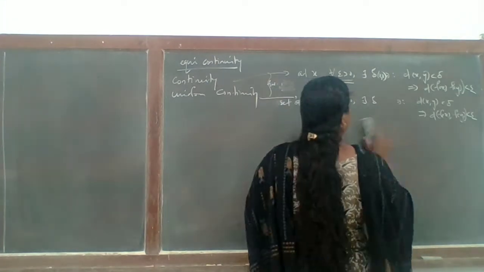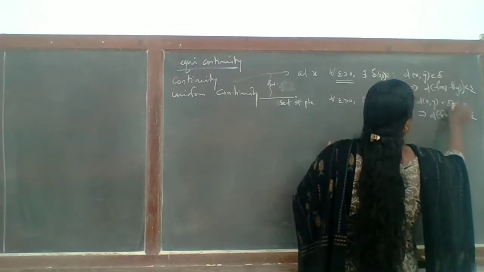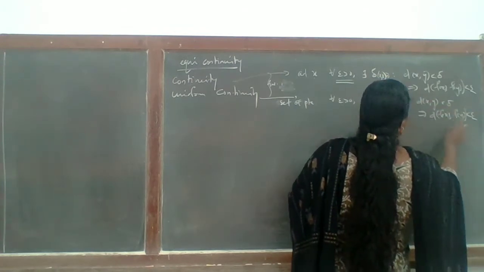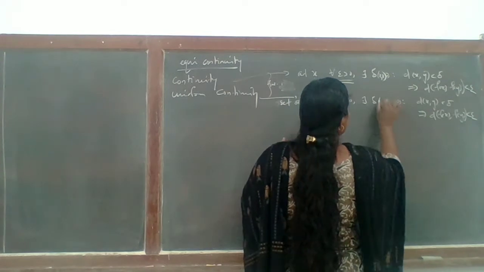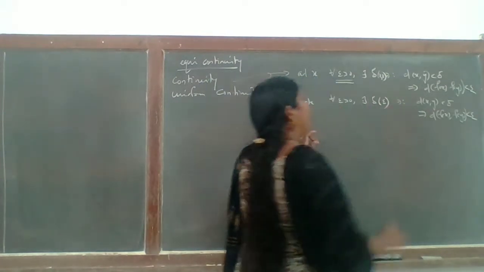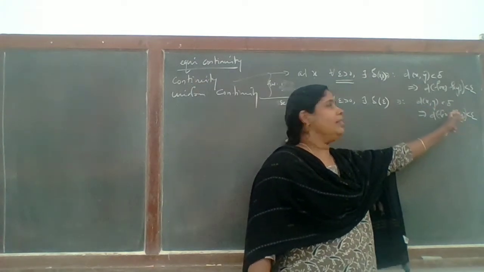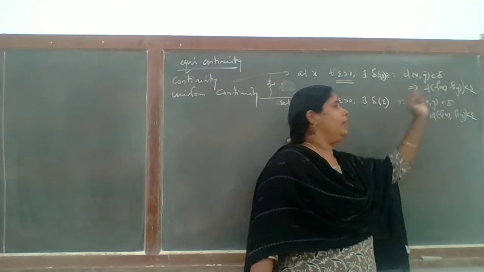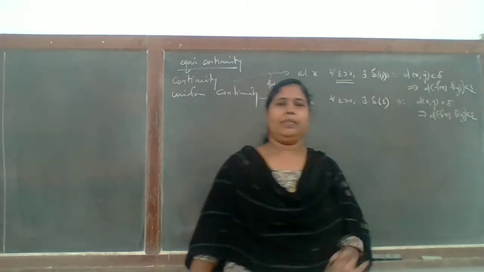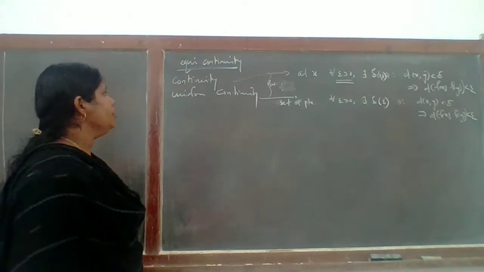Okay, these points are not fixed, and this delta depends only on this epsilon. Okay, not the point. So whenever we have two points x and y with distance less than delta, then their images have distance less than epsilon. Okay, this is uniform.